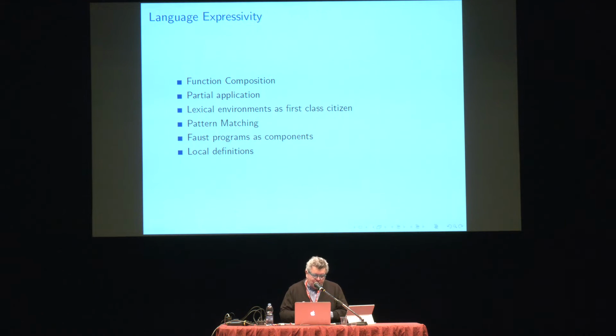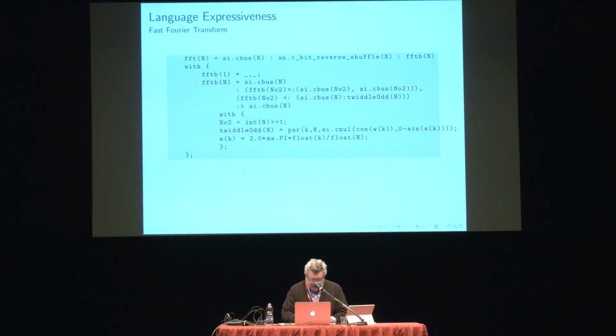Well, let's explain something. This is complicated code, so don't look at it closely, but this is the description of a fast Fourier transform. It's a recursive description.